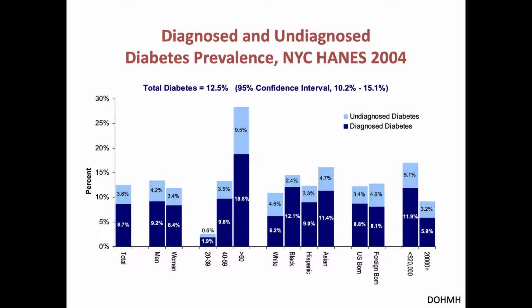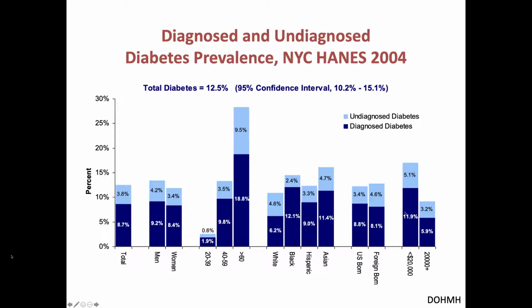We can see the total prevalence of diabetes in 2004 was 12.5%, a bit higher among men than women, substantially higher in the over 60 age group. We see some racial disparities, with blacks having the highest prevalence of diabetes, followed by Asians. We see somewhat of a similar prevalence among US-born and foreign-born, but we see that some of the poorest people have the highest prevalence of diabetes.